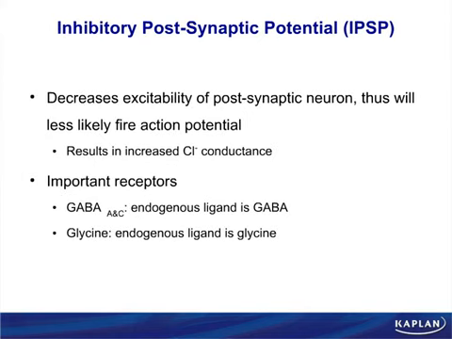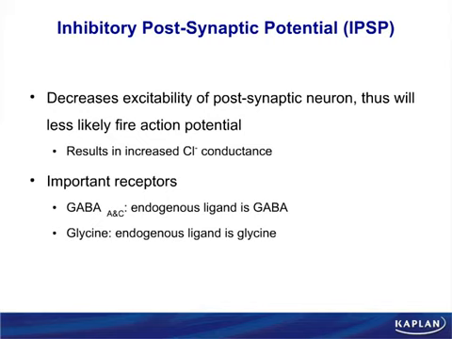Now, going the other way, the second response. So the other one was excitatory. So now we have inhibitory. Got to go both sides. Inhibitory, just as the name implies, the postsynaptic neuron is less likely to fire an action potential. What's going to be the key ion here?